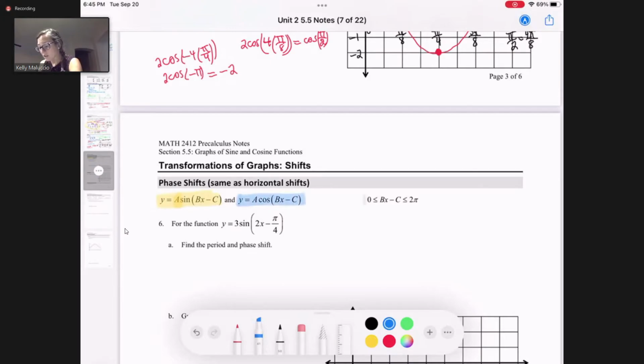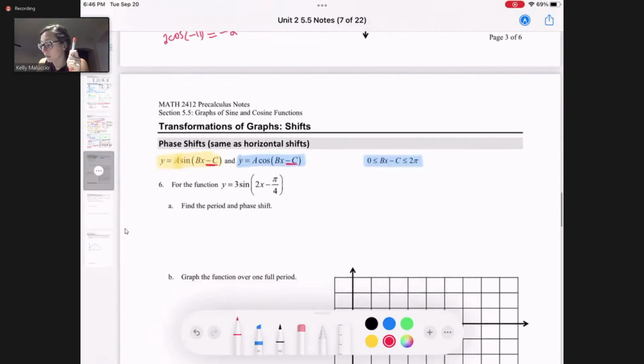And it's saying bx minus c is between 0 and 2 pi. We're going to go with that as our standard period, right? So what this means is you'll plug in the bx minus c and calculate the new period, right? Because now that we have this minus c, we are not always going to start at 0 anymore. So now we're shifting, we're getting real crazy, right?